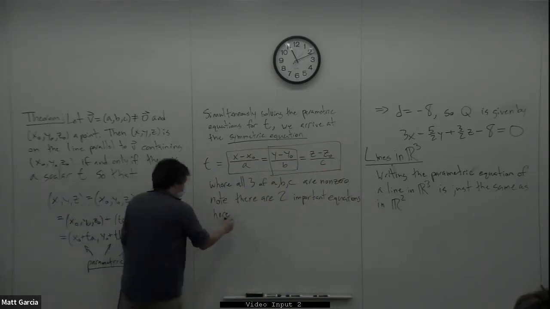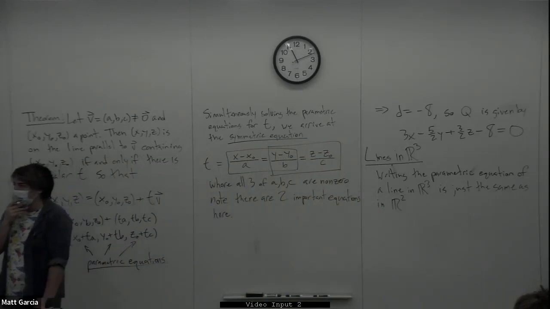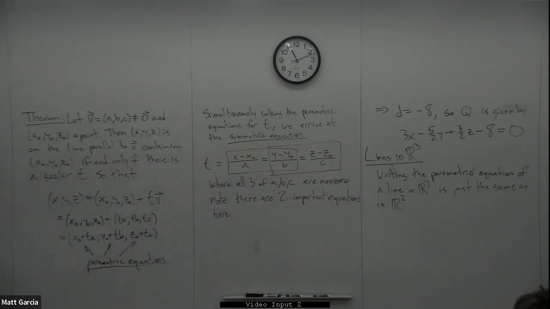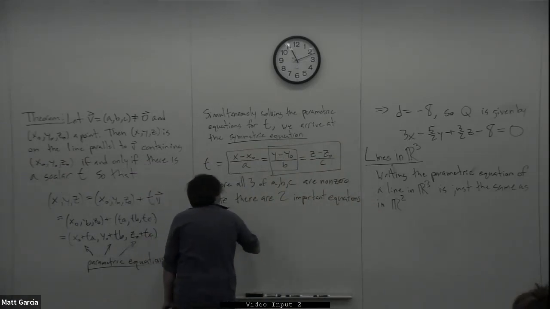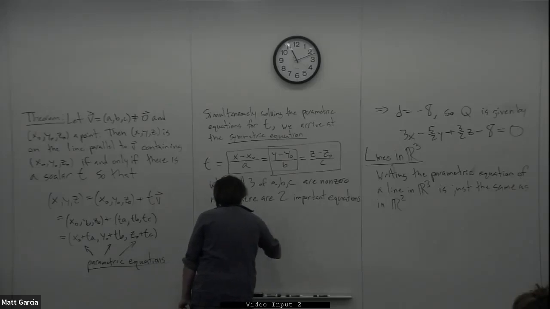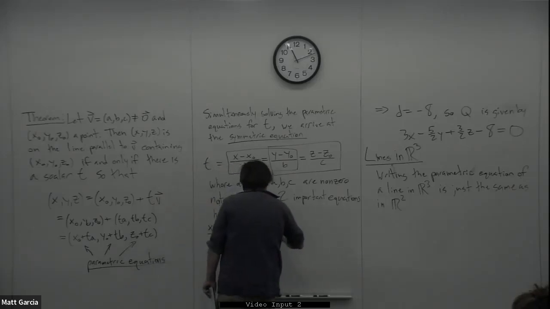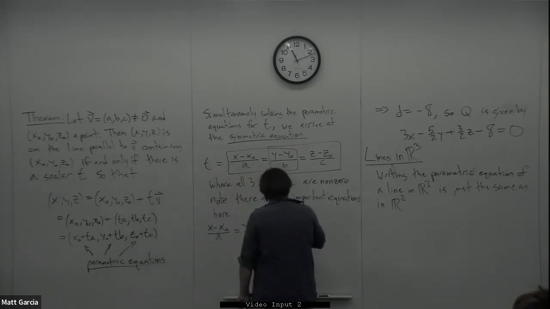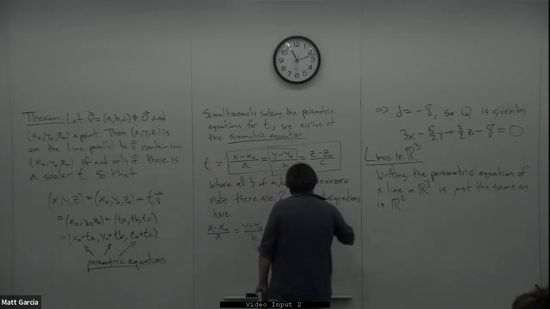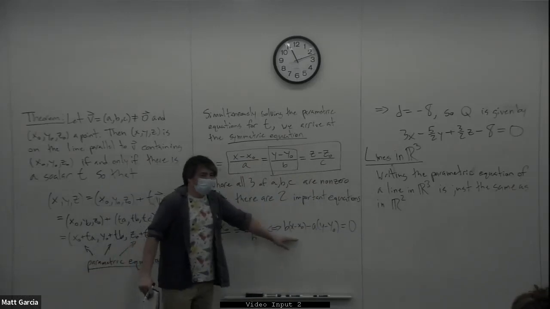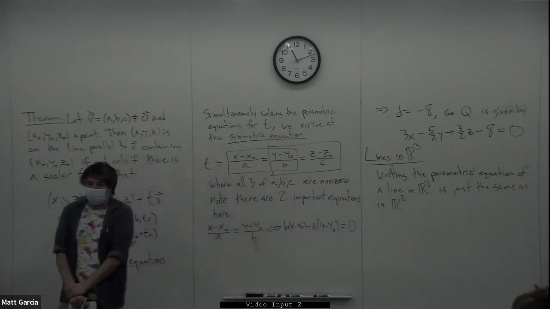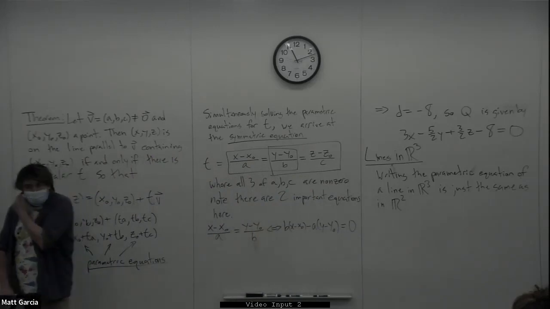So here's the geometric interpretation of what's going on here. (x minus x naught) divided by a equals (y minus y naught) divided by b is the same as saying b times (x minus x naught) minus a times (y minus y naught) equals 0. What is this an equation of? Yeah, it is a dot product.